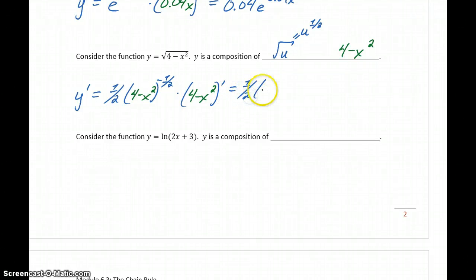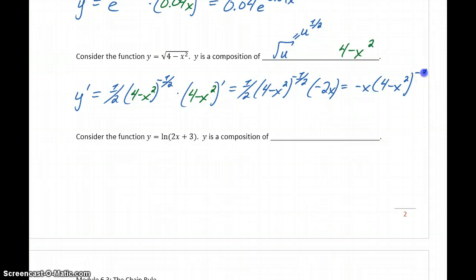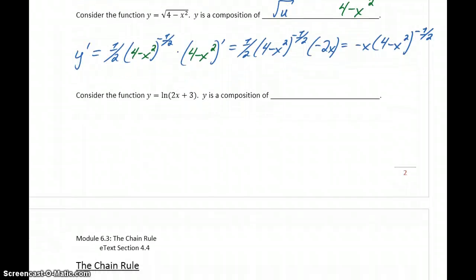So this will give us 1/2 times 4 minus x squared to the negative 1/2 times negative 2x, or just negative x times 4 minus x squared to the negative 1/2. So again, no new theorems or properties are being established. We're just going back to sort of the more general version of each of these derivative properties that we had already established.